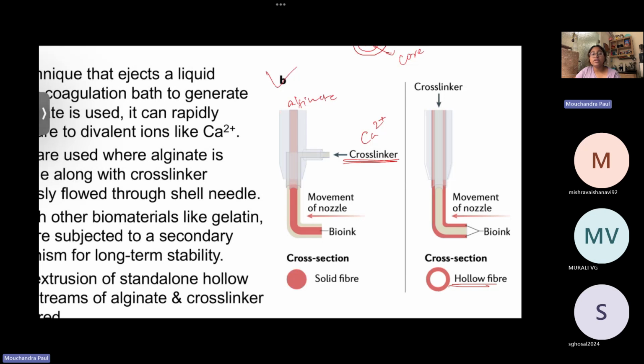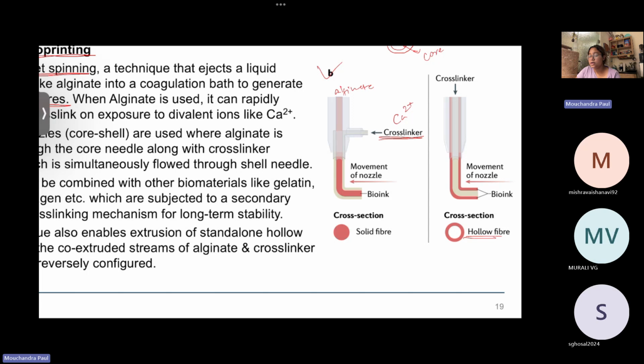There is a possibility that when you do layer by layer printing of these hollow fibers, it will collapse. The circular cross section will no longer be circular, because the weight of the upper layers will start deforming the hollow lumen.